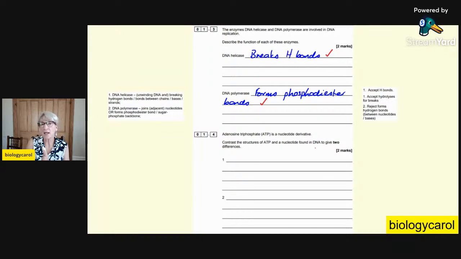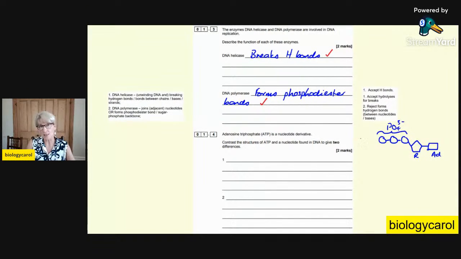You have got to pick a feature that is present in both the ATP molecule and a DNA nucleotide, but say what is different about them. So you're picking a feature and saying how that feature is different in the 2 examples.